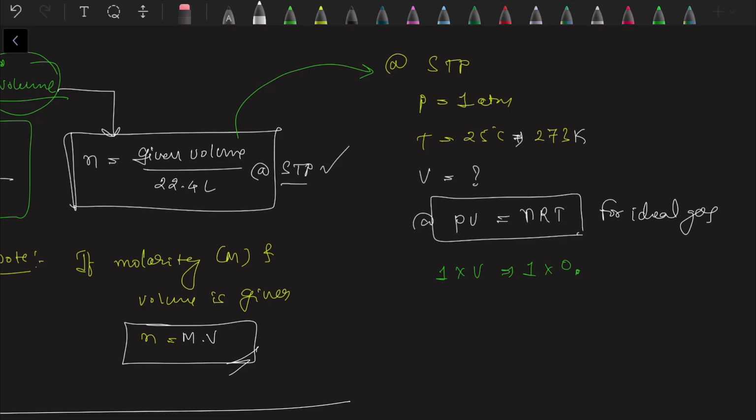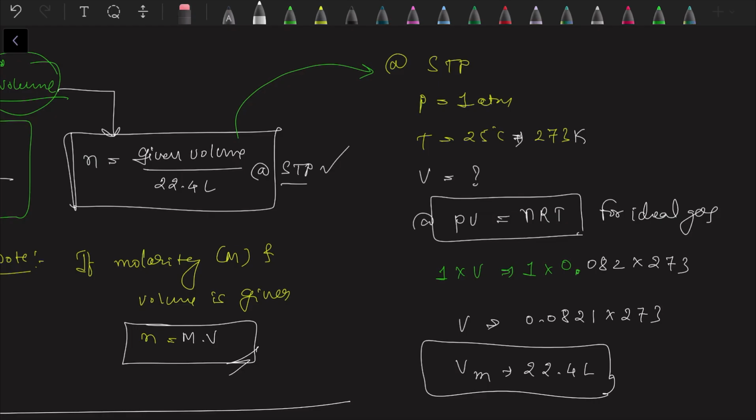Gas constant 0.0821 I can take in terms of liter atmosphere. Next, multiply by 273. We need 0.0821 into 273. So here we are going to get 22.4 liter. This is how we will get the volume at standard temperature and pressure.